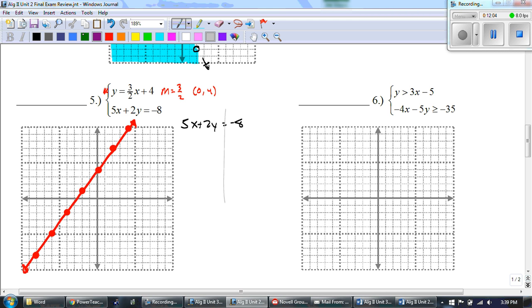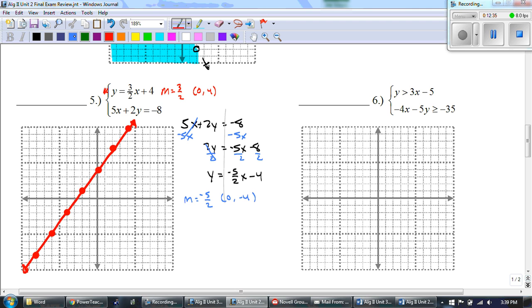I'm going to subtract the 5x from both sides. We get 2y equals -5x minus 8, and then divide by 2. So y equals -5 over 2 x minus 4.